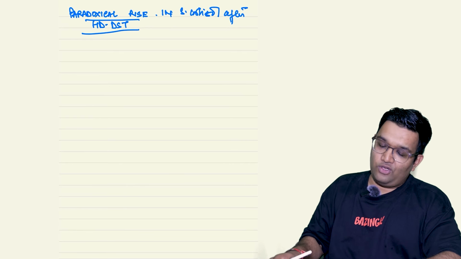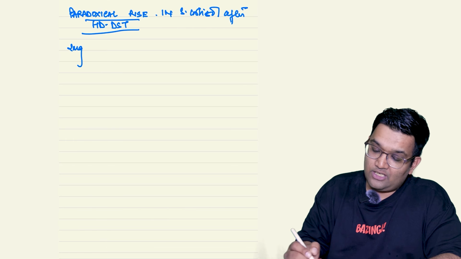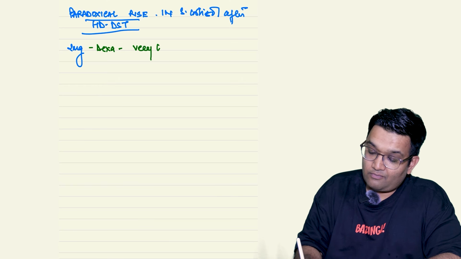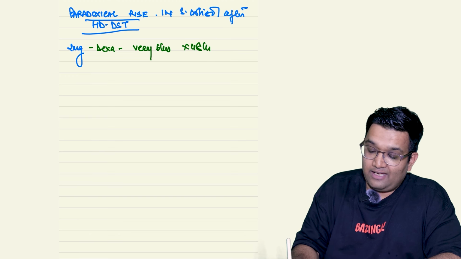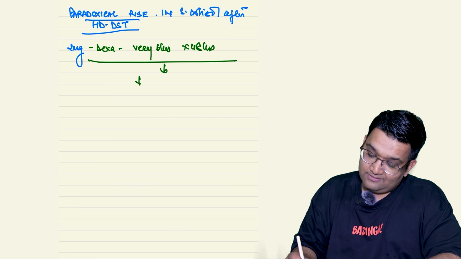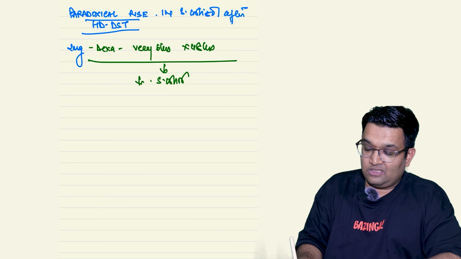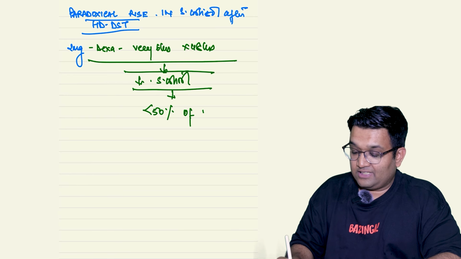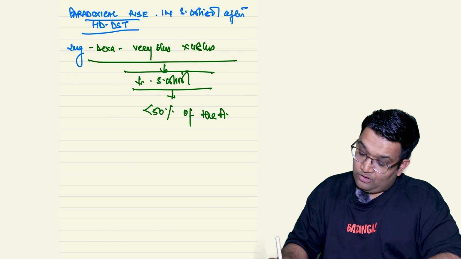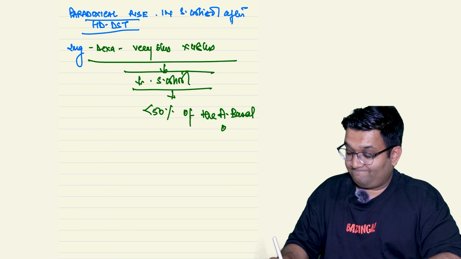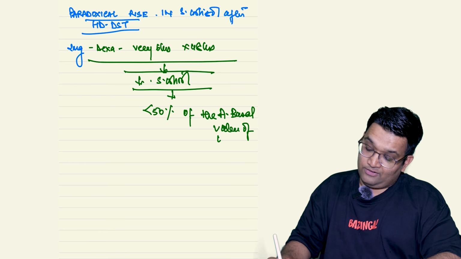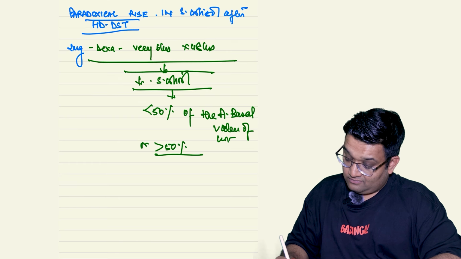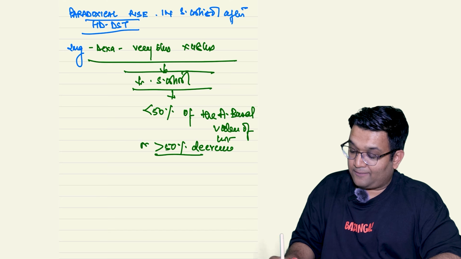So basically what we are doing is we are giving again 2 mg of your DEXA, we are giving every 6 hours for 48 hours, and this should ideally suppress the serum cortisol. This should suppress to less than 50% of the absolute basal value of cortisol, or more than 50% decrement should occur.